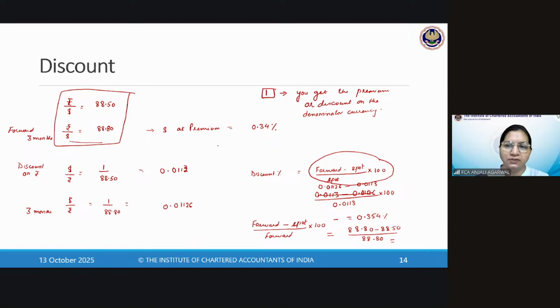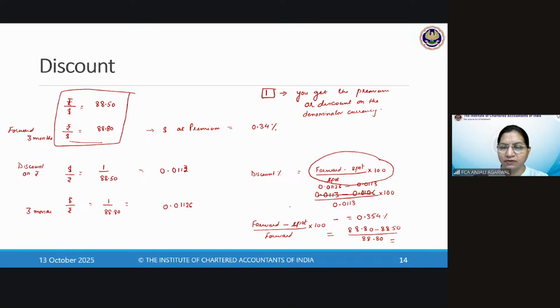So this is how you calculate the premium or discount on a currency. When you use forward minus spot divided by spot into 100, you get the premium or discount on the denominator currency. Positive indicates premium, negative indicates discount. But if you want to find the premium or discount on the numerator currency, one way is to calculate the inverse quote and then apply the same formula.